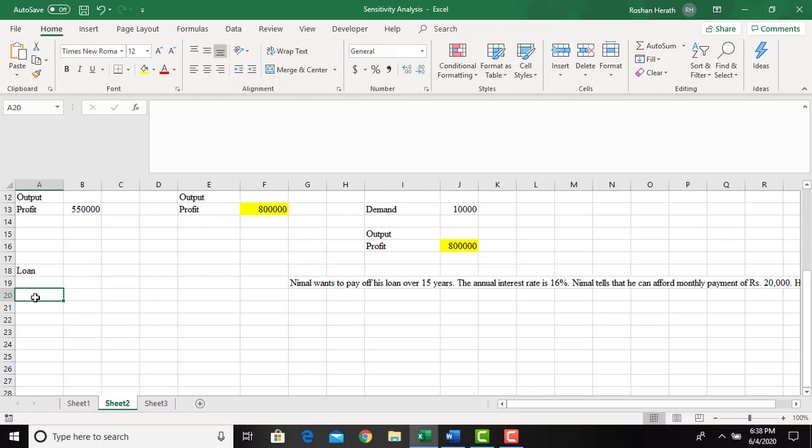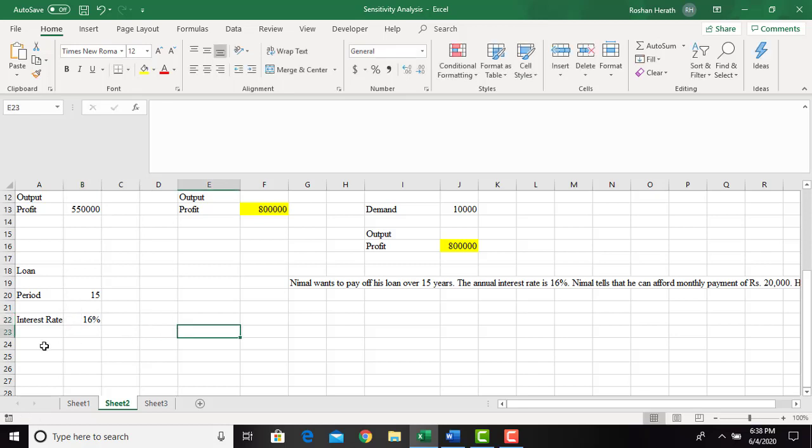So he says that the duration, so it is the loan period, it's going to be 15 years, and the annual interest rate is going to be like 16%.